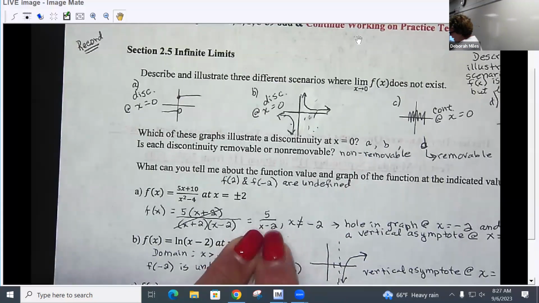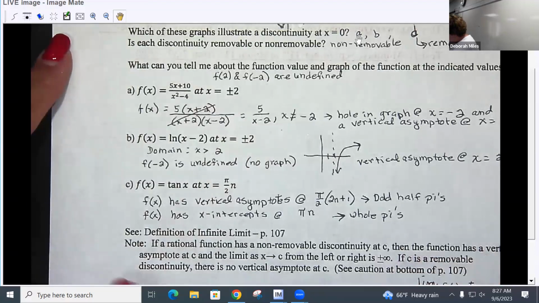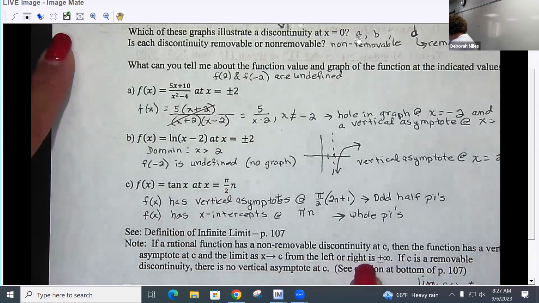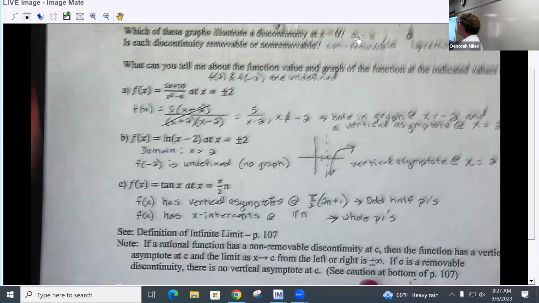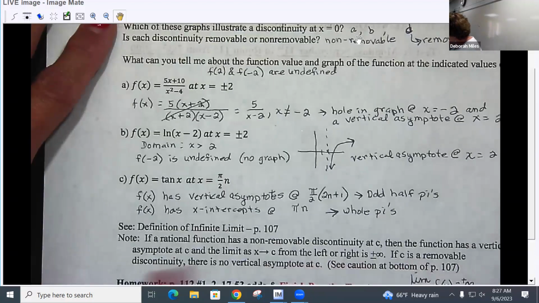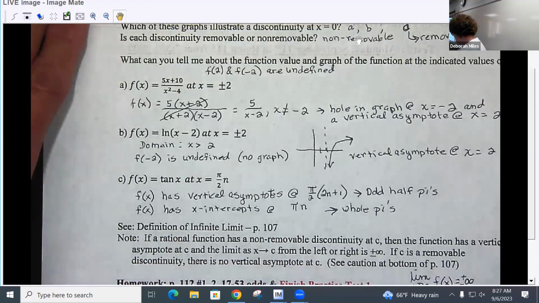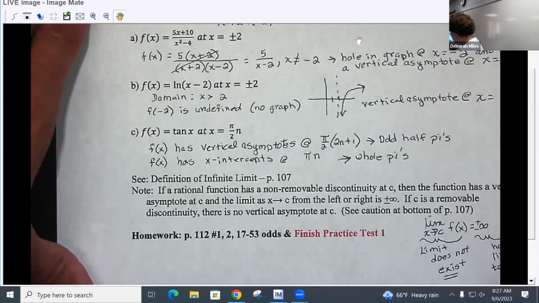And there's nothing you can do about it, it won't cancel out. Then the function has a vertical asymptote at C, and the limit as x approaches C from the left or from the right is either positive infinity or negative infinity. What we're going to write instead of does not exist. If C is a removable discontinuity, there is no vertical asymptote at C. There's just a hole in the graph at C.